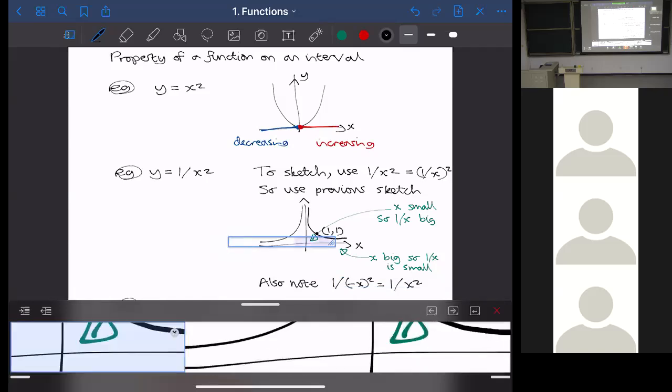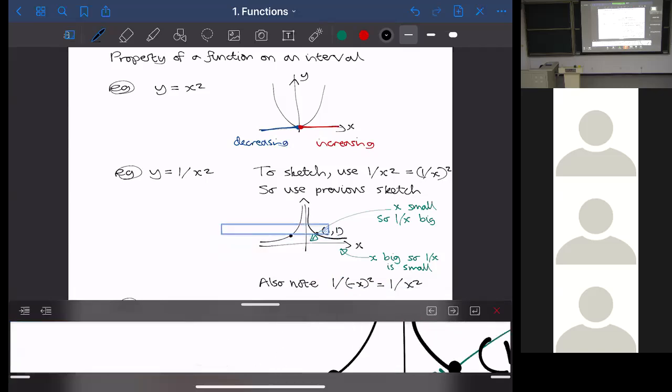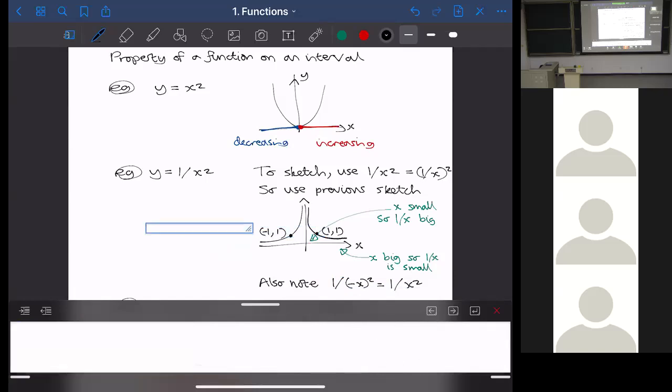So the other half of the graph I can see from the first half that I drew.